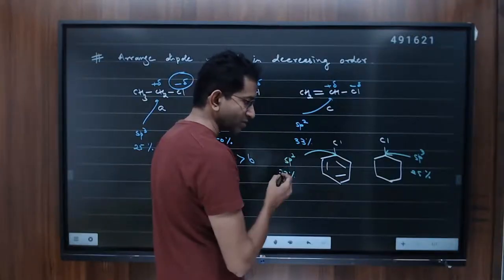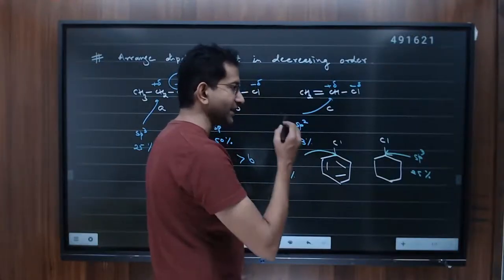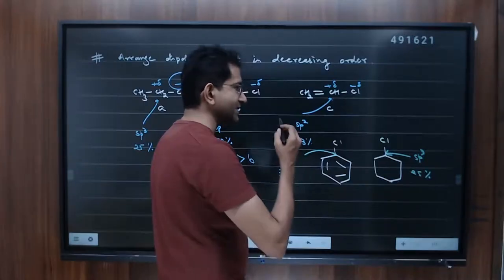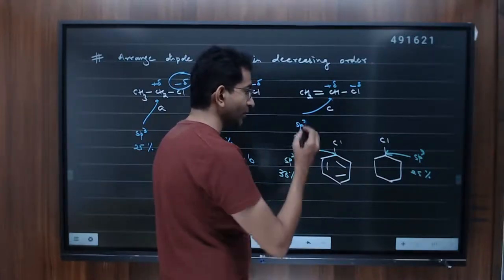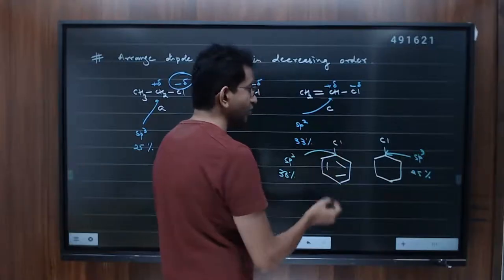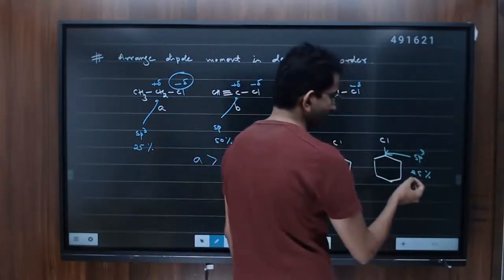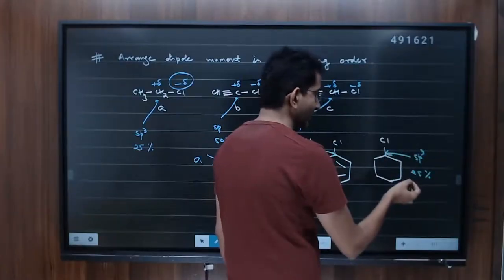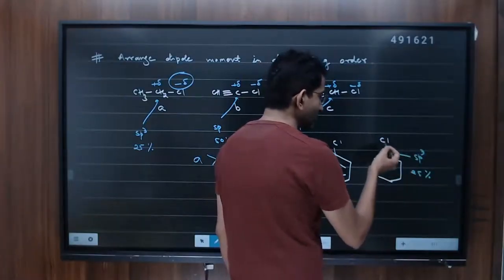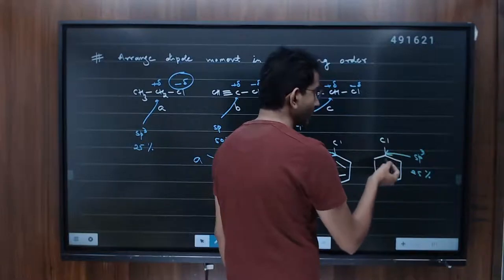As this has more s character, its electronegativity is more. As its electronegativity is more, it will not allow this chlorine to pull the electron pair much, while this has less electronegativity. This will allow this chlorine to pull the electron pair more towards it.